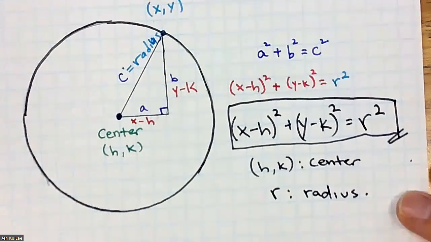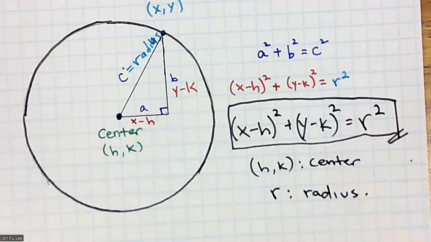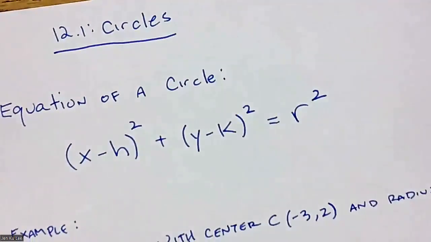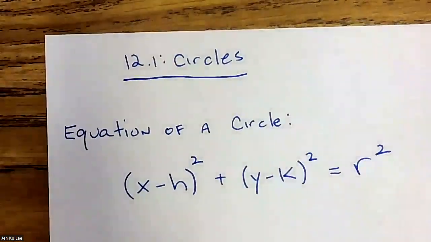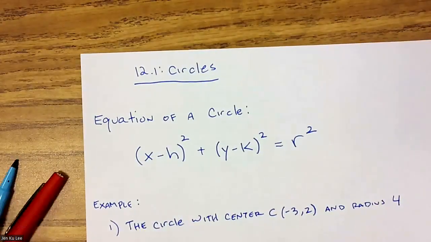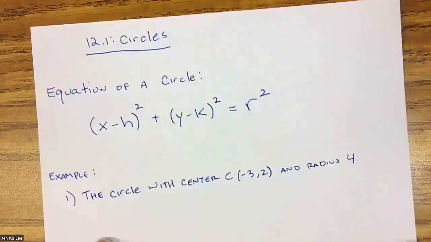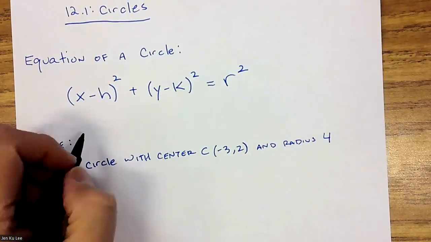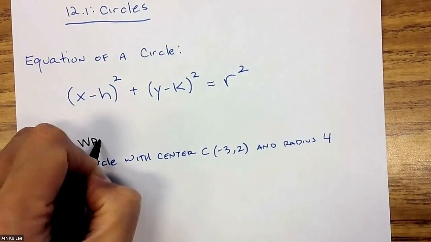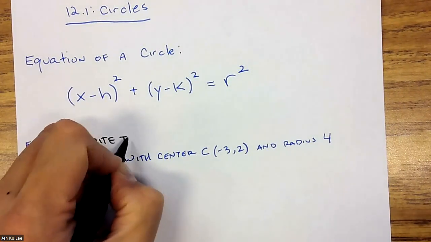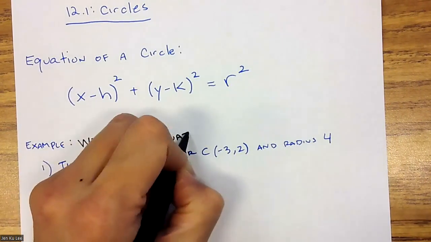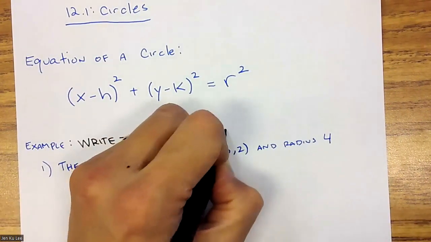Okay? So if that is my equation of the circle, I have it up here too, right? If that's the equation of the circle, and I give you guys this, and I ask you to write the equation of the circle.